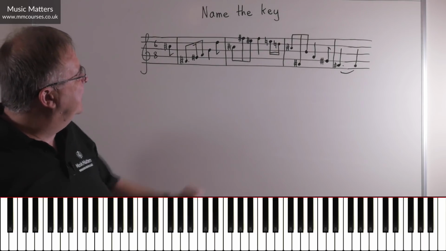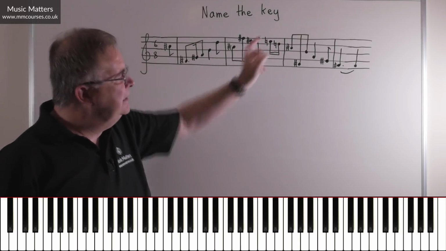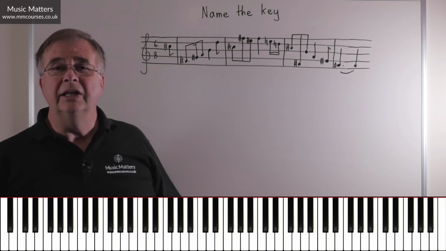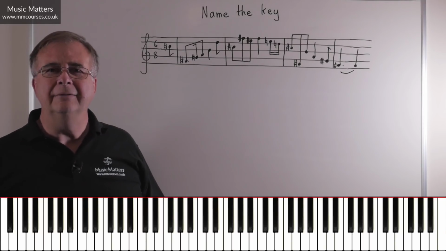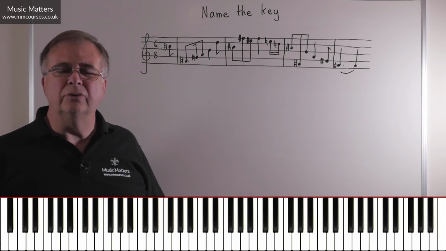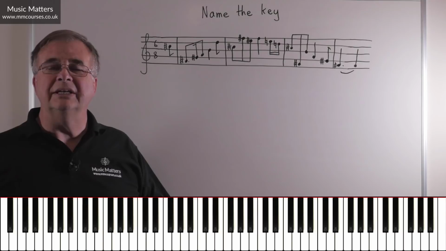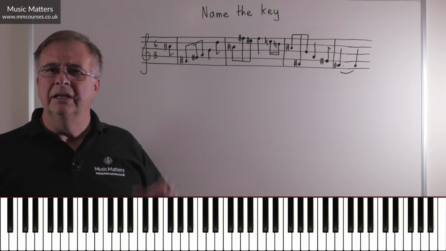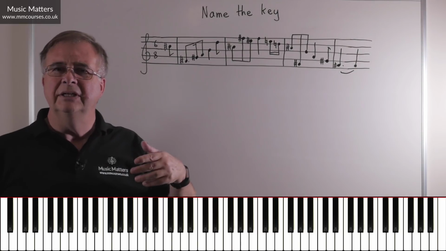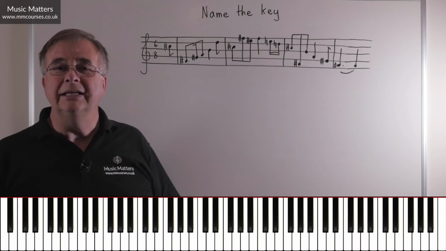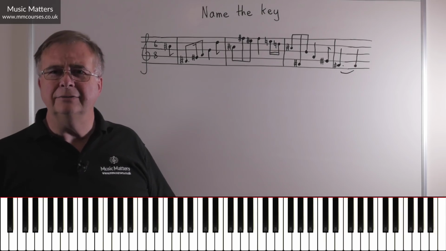But let me suggest that this E sharp, E natural thing is a big clue. Not only does it tell us that we're probably in a minor key, it's also telling us that the E sharp, E natural thing is probably something to do with the 6th or the 7th degree of the scale. Because as we've just recapped, those are the two notes that get messed around when you are in a melodic minor scale.